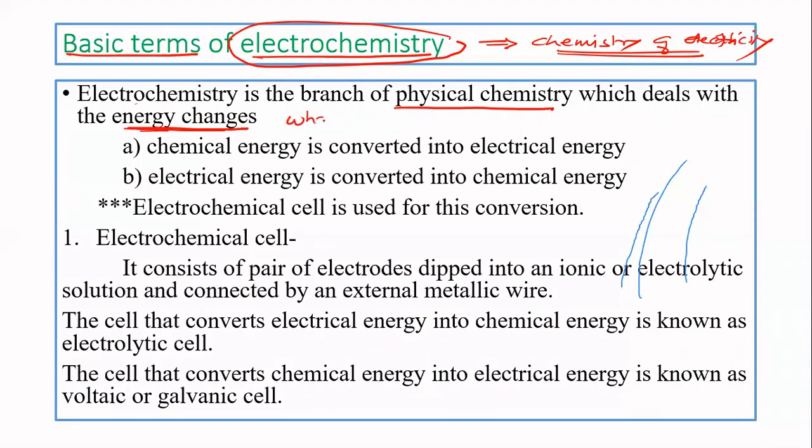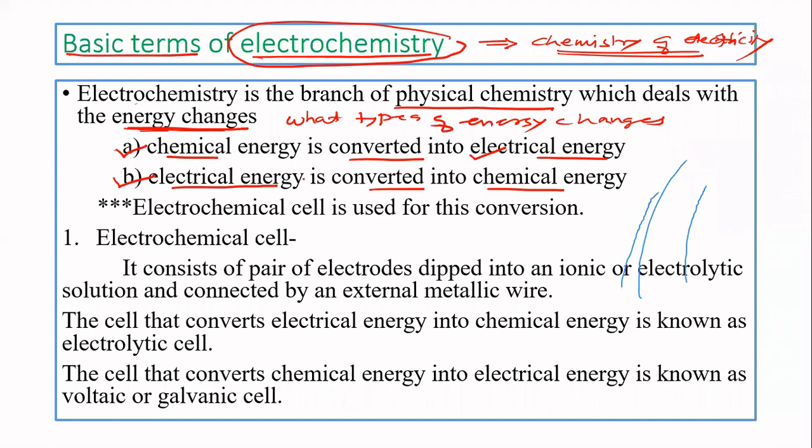Then what types of energy changes? Chemical energy is converted into electrical energy. This is one energy change. That means we are converting chemical energy associated with chemical compounds into electrical energy. And the next energy change is electrical energy converted into chemical energy.